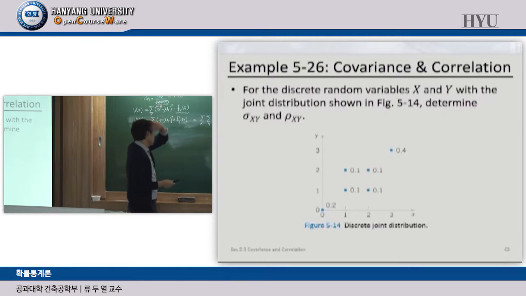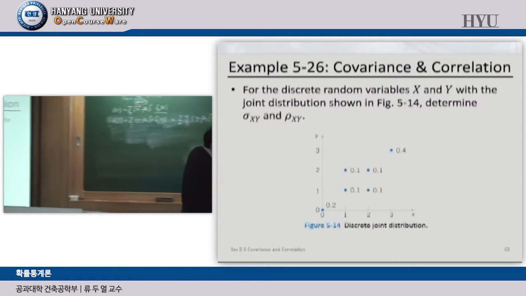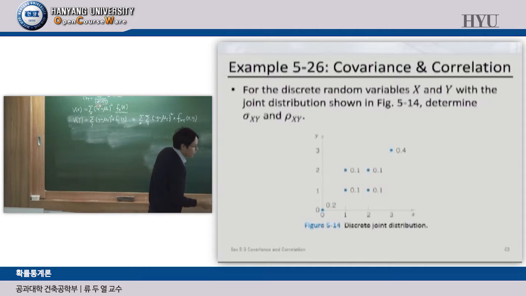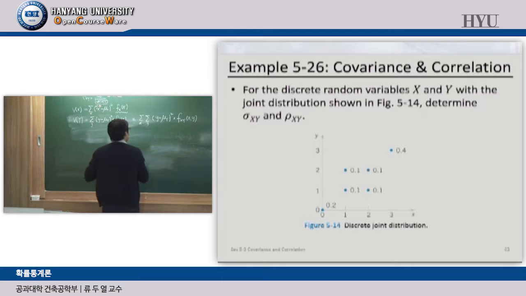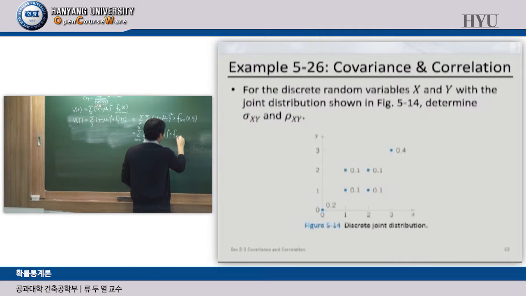So in this case, the x is also from 0 to 3 and y is also from 0 to 3. This is equal to the double summation, x from 0 to 3, y from 0 to 3, of y minus mu y squared by the joint probability mass function xy.